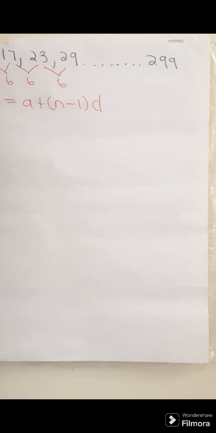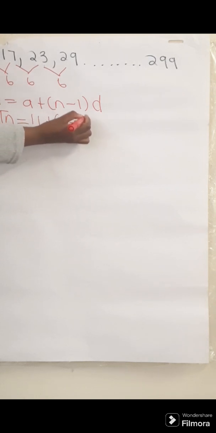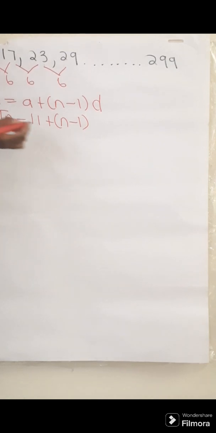Now a represents the first number in the pattern, and d represents the constant difference, which is 6 in this instance. So we are going to substitute what we have. a is 11, plus (n minus 1), and then the constant difference of 6. Now this is also for linear patterns, grade 10's patterns. So if you are grade 10 and you are watching, this will be quite helpful for you as well.